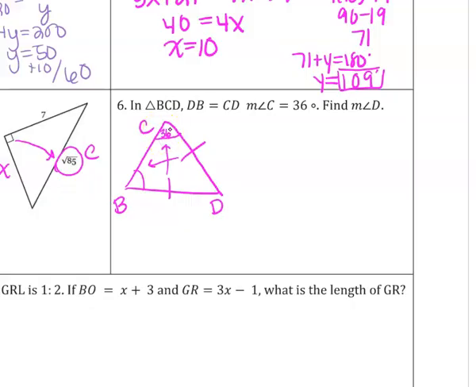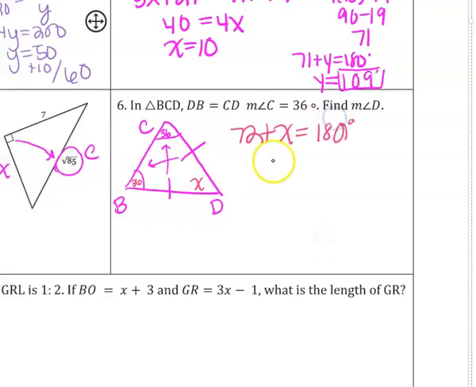I need to find angle D. Well, like I said, if we know that these two sides are congruent, then that means angle C is congruent to angle B. So that means angle B must also be 36. So I know the sum of the interior angles of a triangle is 180. So I could do 72, because that's the sum of these, plus x equals 180 degrees. So therefore, x is equal to 108.